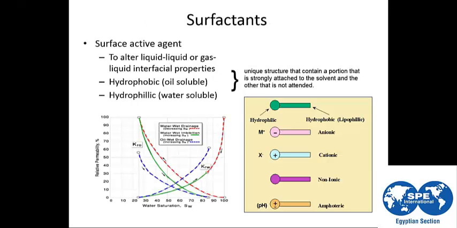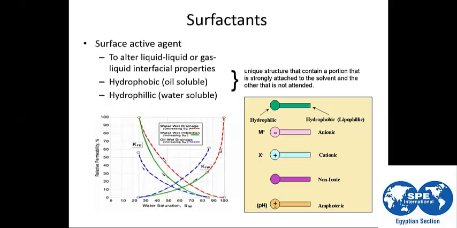We will start with the surfactant. Surfactant, or surface active agent, is defined as a material which at low concentration adsorbs at the interface between two immiscible substances.